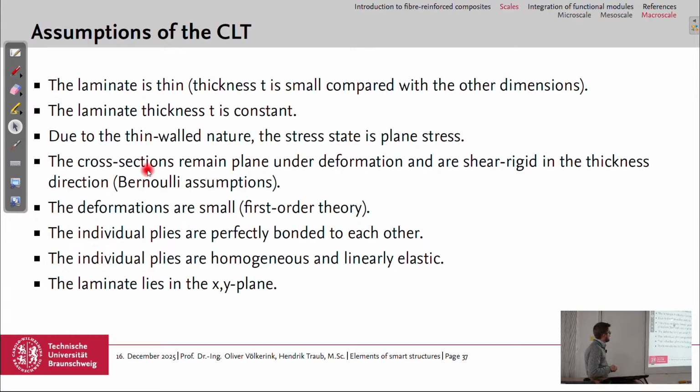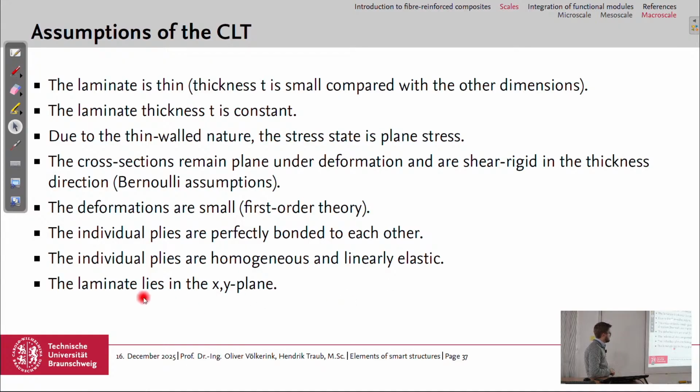And we again have the Bernoulli assumptions like we used in the last lecture, that we say cross-sections remain plane and are shear rigid in the thickness. Deformations are small. Strain compatibility, the individual plies are perfectly bonded to each other, and the plies are homogeneous and linearly elastic, so we don't assume any plasticity or nonlinear effects, and also no damage at this point.